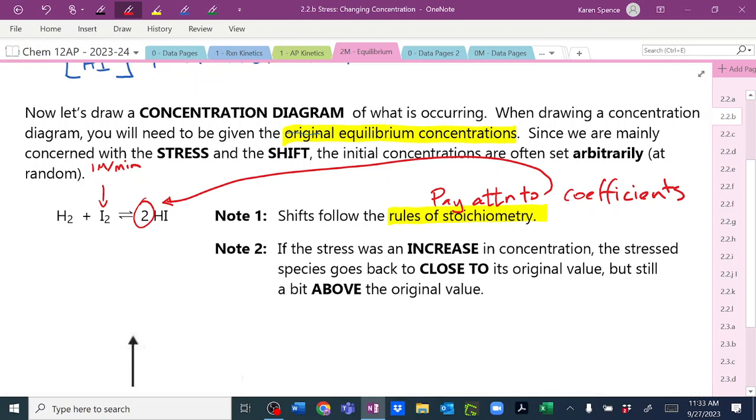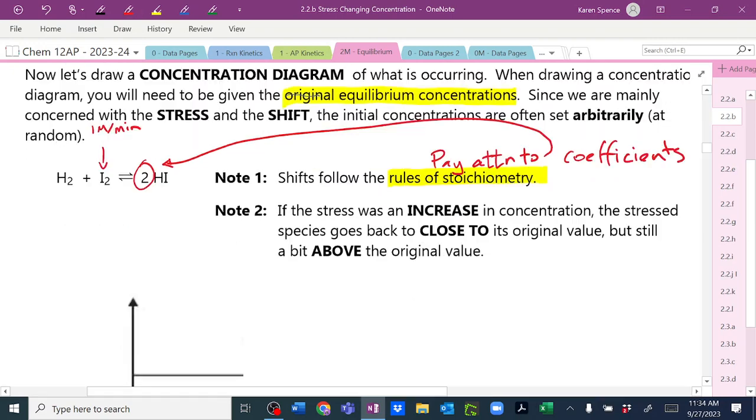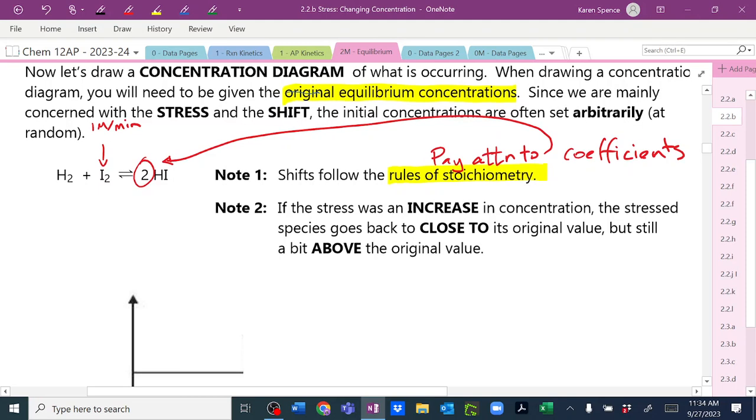Okay. So if the stress was an increase in concentration, the stressed species is going to get close to the original value, but it's going to end up a little bit above. Because you just got more stuff in there, right? You've put more stuff in, so that concentration has to be higher than it was before.